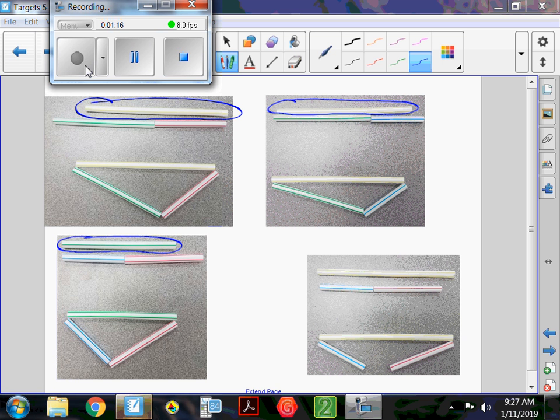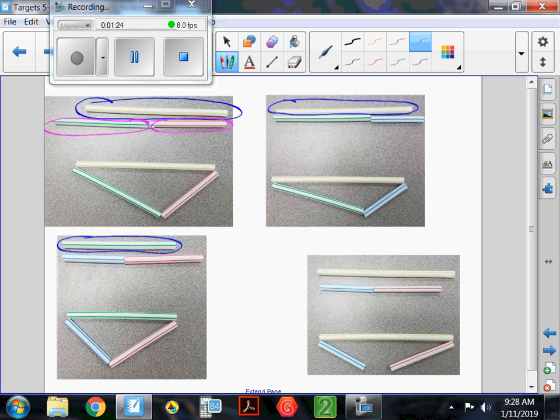And if you'll notice, the longest straw on all of those is shorter than the other 2 straws added together. The green straw plus the red straw in the first diagram is bigger than the yellow. In the second diagram, the green straw plus the blue straw is larger than the yellow straw, the third side. And in the third diagram, the blue straw plus the red straw is larger than the third side.